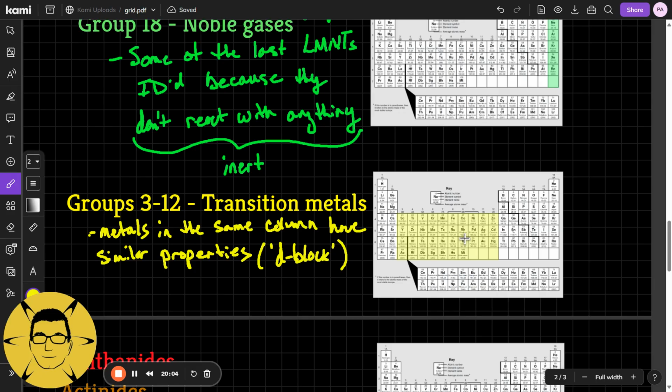Okay, and what I want you to remember about these is that all of them in the same column have similar properties. So remember when we started this lecture, we talked about copper, silver, and gold all being really good conductors and like the best conductors on the periodic table. There's a reason for that: they happen to be in the same group, and they all have those similar properties because they're all in the same group.